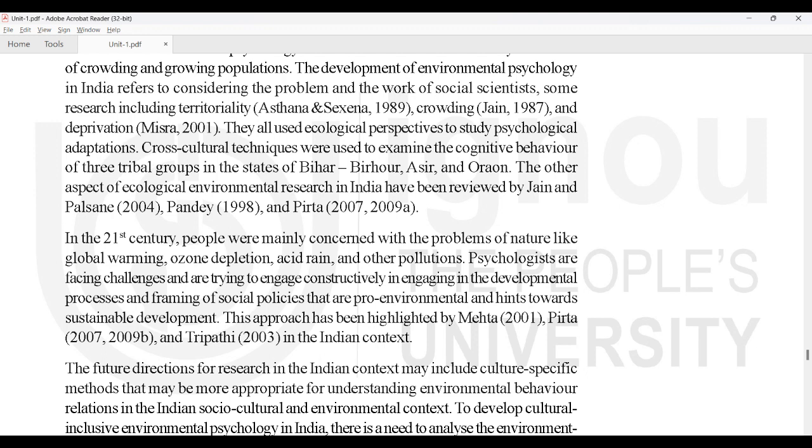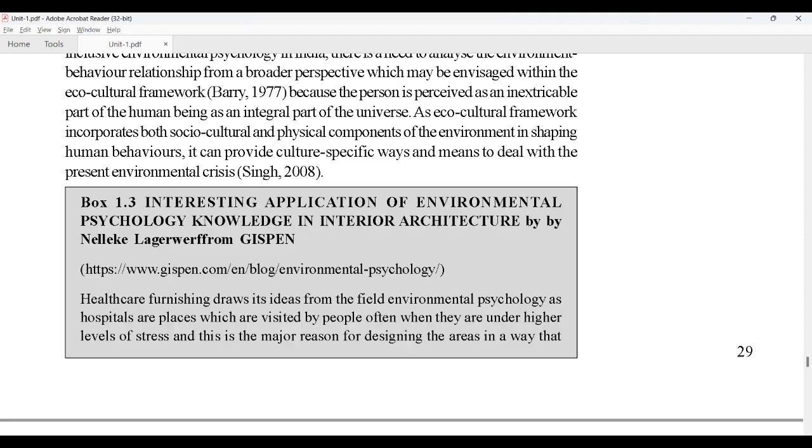The future directions for research in the Indian context may include culture-specific methods that may be more appropriate for understanding environmental behavior relations in the Indian socio-cultural and environmental context. To develop a culturally inclusive environmental psychology in India, there is a need to analyze the environment-behavior relationship from a broader perspective, which may be envisaged within the eco-cultural framework, because the human being is perceived as an integral part of the universe.